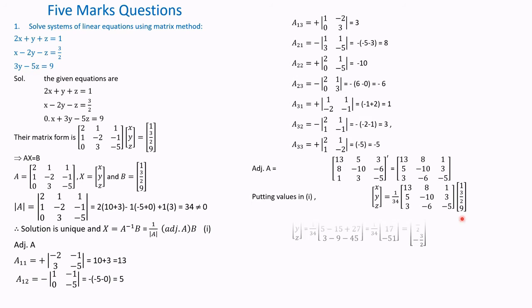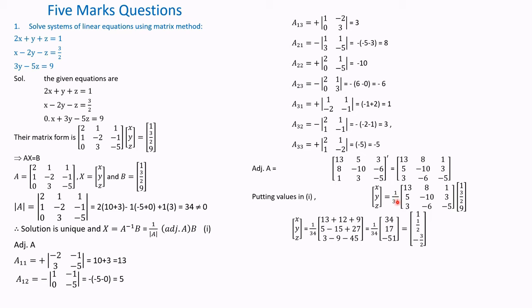After substitution, we get the X, Y, Z matrix equal to 1 by 34 into, we have to do matrix multiplication. This is 3 by 3 into 3 by 1. Therefore, the resultant matrix will be 3 by 1.